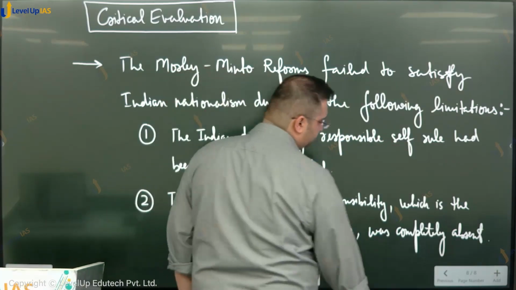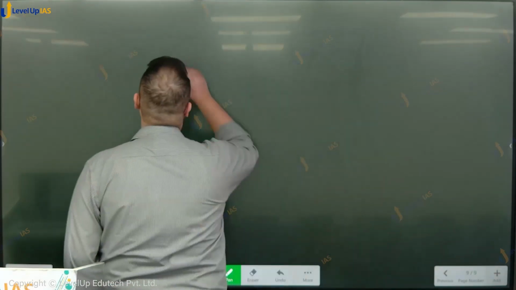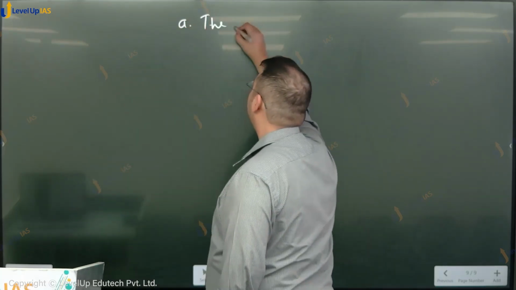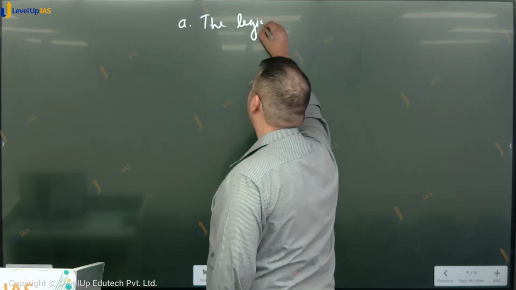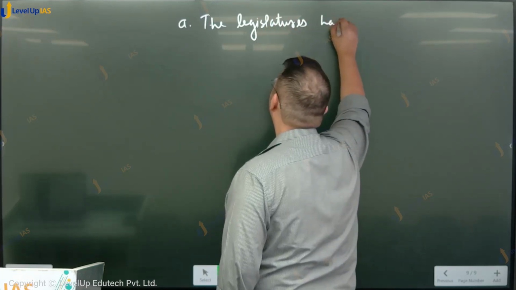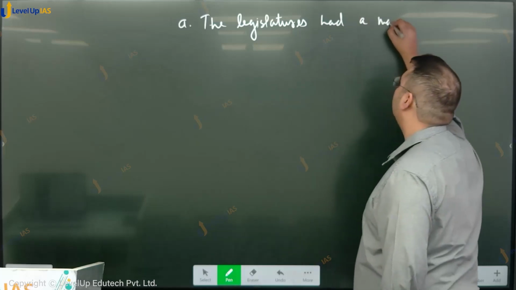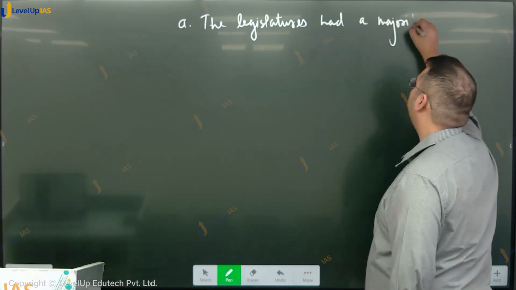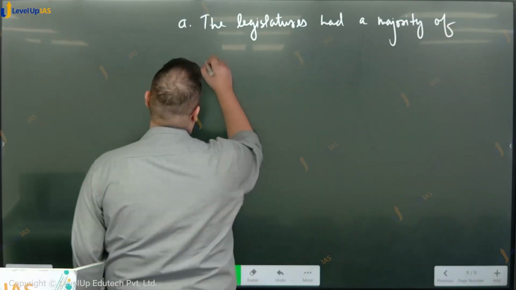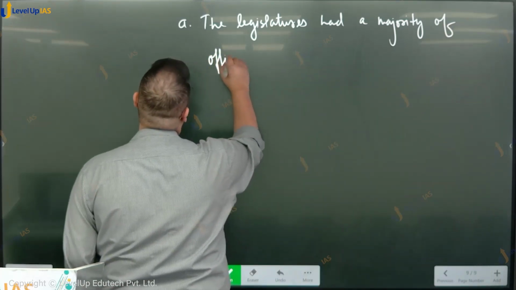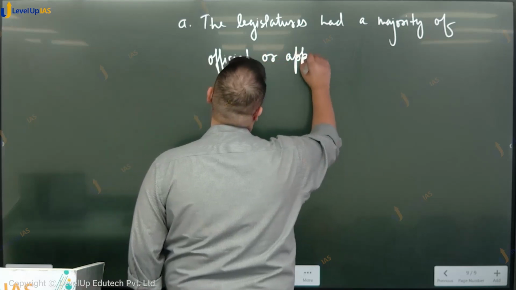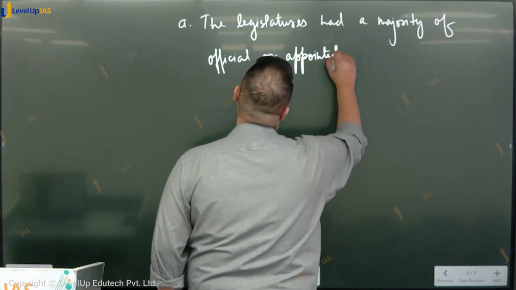सब पॉइंट्स लिखो, A and B. A, the legislatures had a majority of official or appointed members.